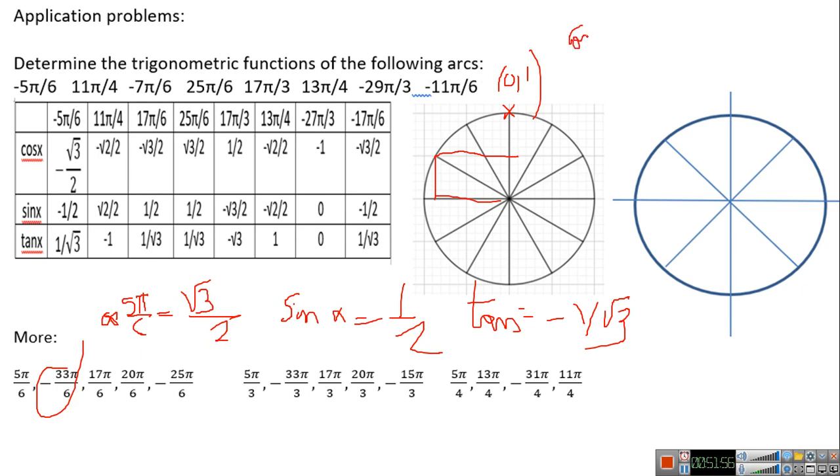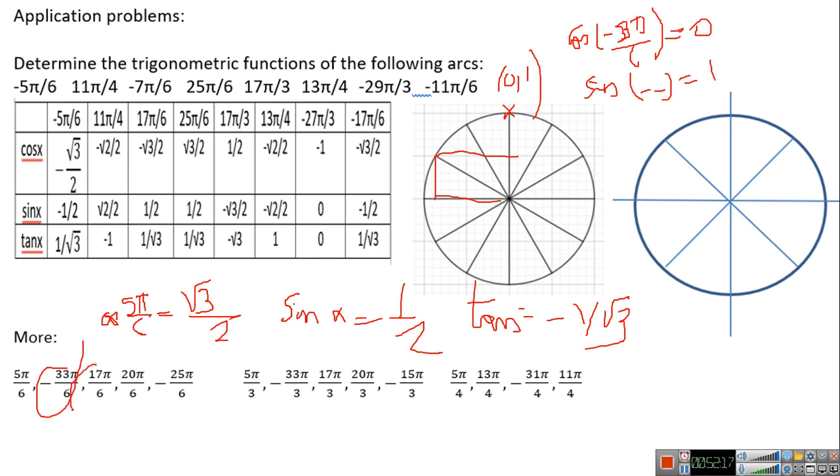The sine of minus 33 pi over 6 is 1. Tangent is sine over cosine, 1 over 0, is undefined.